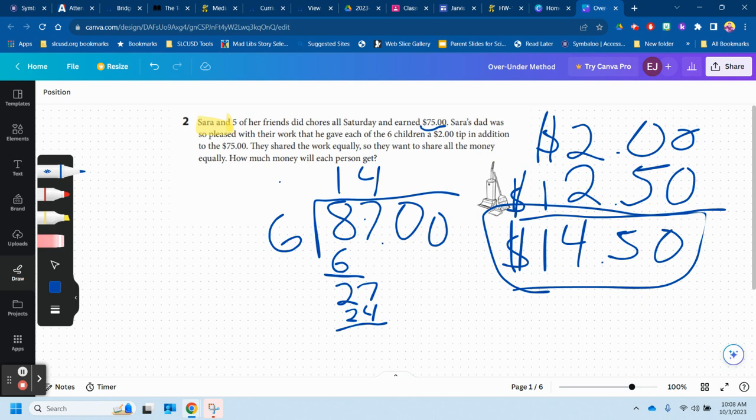And then 30 dimes here, and that would be 5. So I still got $14.50 if I took the tip money and added it to the total, then divided. So either way I do it, it works out to $14.50 that each of the children got.